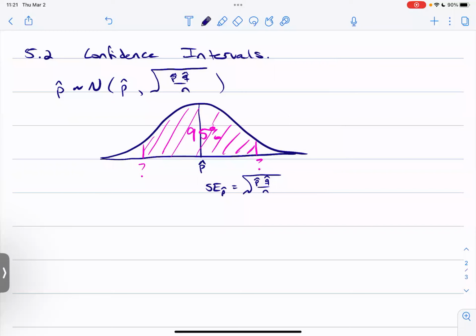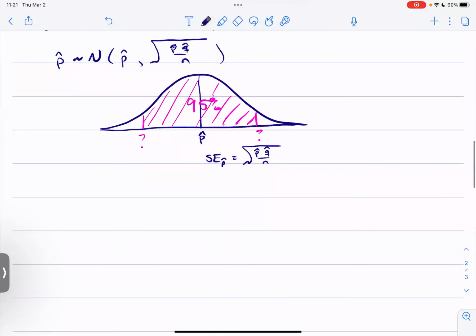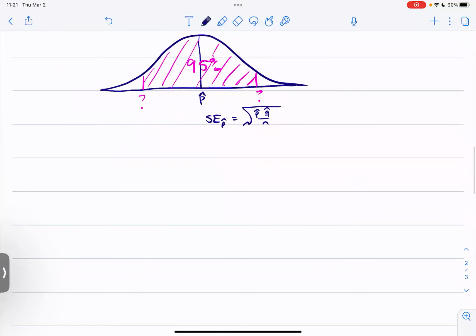I'll write a little blurb. Instead of using just the point estimate p hat, we're going to build some buffer around p hat, plus or minus some values. So there's going to be a lower bound and an upper bound. Let me jot that down.